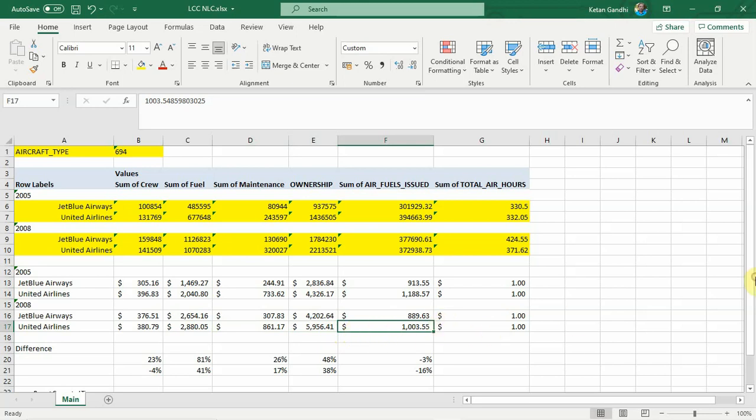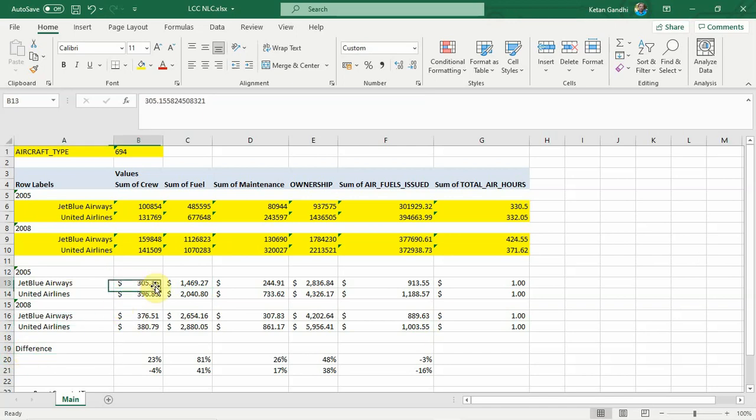Now looking at these figures, these are the hourly breakups. What we did is compare the hourly costs incurred by both these airlines, JetBlue, that is the low cost carrier, and United Airlines, that's a network legacy carrier. So what was the difference? We can see here is the difference.